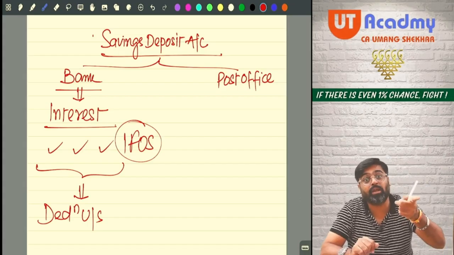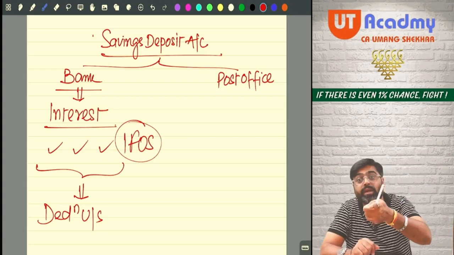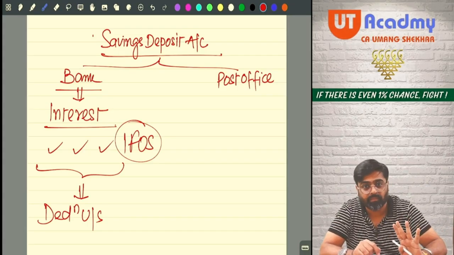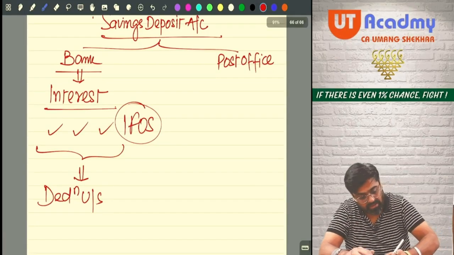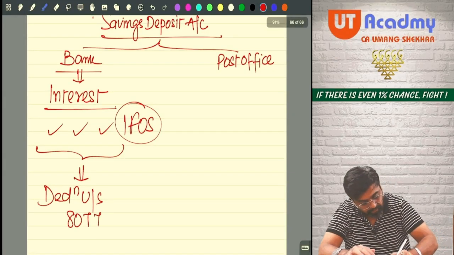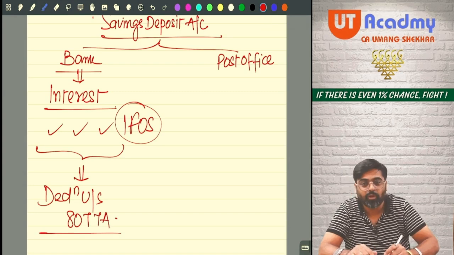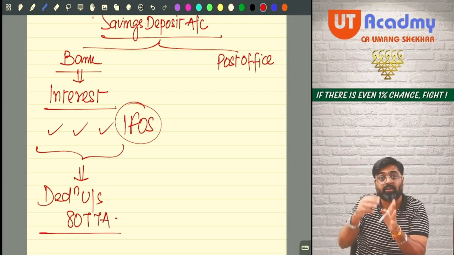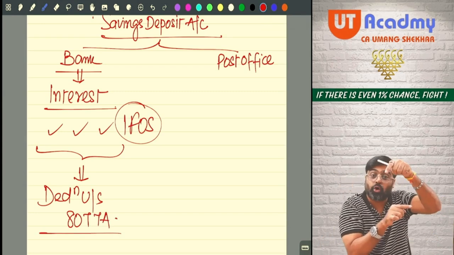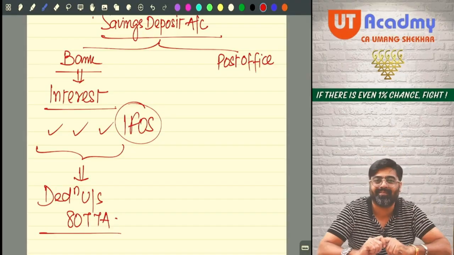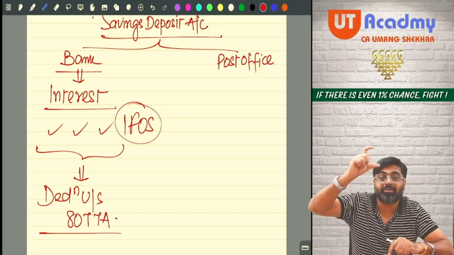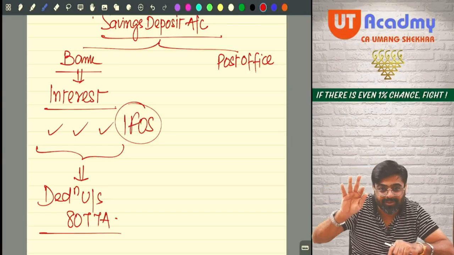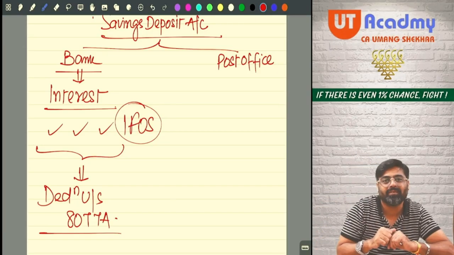Now, since in your GTI, you have included such kind of interest income, hence you will get a deduction under section 80TTA. So to get this 80TTA deduction from your GTI, first show this type of income in your GTI. So does your GTI include such income? Yes.